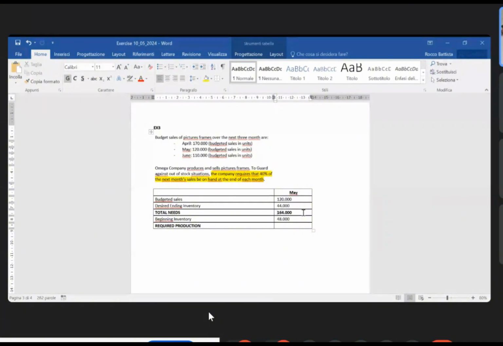So how many picture frames do I need to produce? 116,000, I guess. 164,000 is my total needs that I want to have, minus the beginning inventory that I already have in hand, so what your colleague says is correct. 116,000. This is the required production.